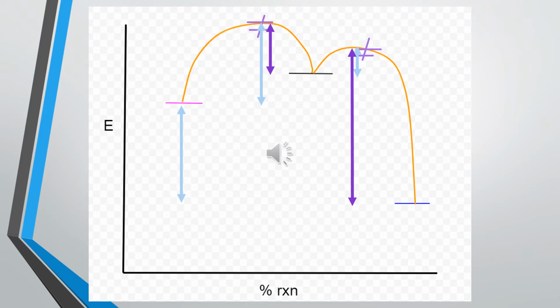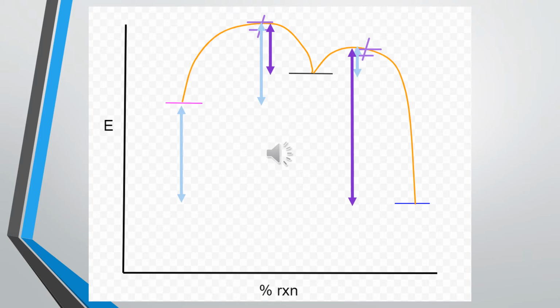If we're looking at the opposite, the reverse reaction, and all reactions are reversible, and we read from right to left, then that big purple double-headed arrow represents the activation energy or barrier for the first step of the reverse reaction. And you can see that's going to be a very slow step because that activation barrier is very, very significant. And of course, what catalysts do is they lower these activation barriers.